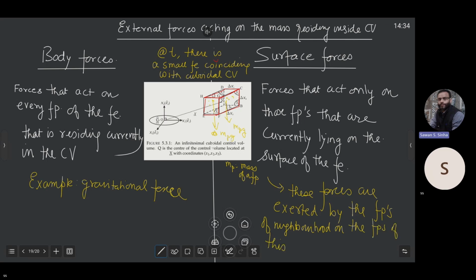This means, we are just showing. We will see these two types of forces will have very different mathematical representation, and that is why I want to classify and treat them in a different way. All right, let's talk about body force now.